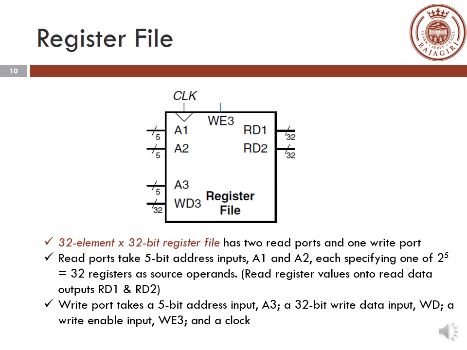So it's synchronous to the clock. You need a clock signal, the write enable signal, the address value in A3, and the data in WD3. When all these are given, your write operation will be performed.